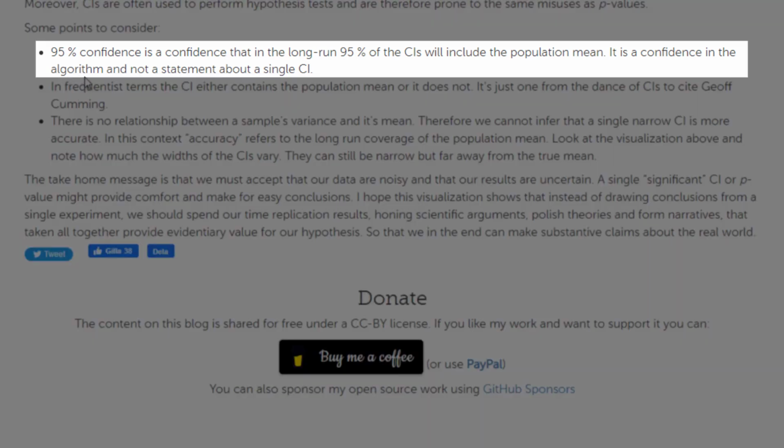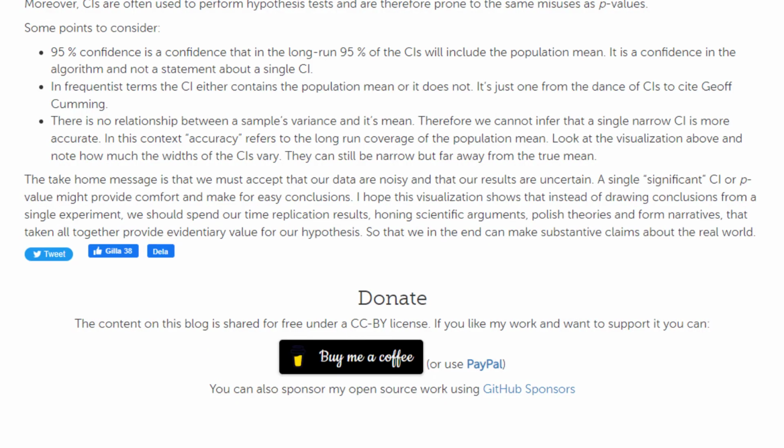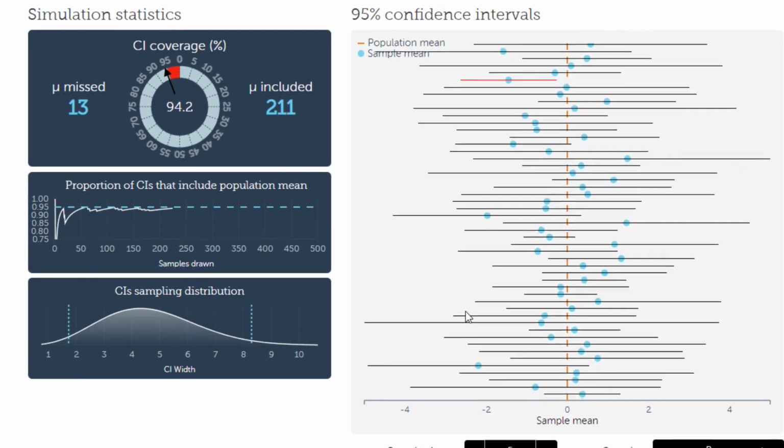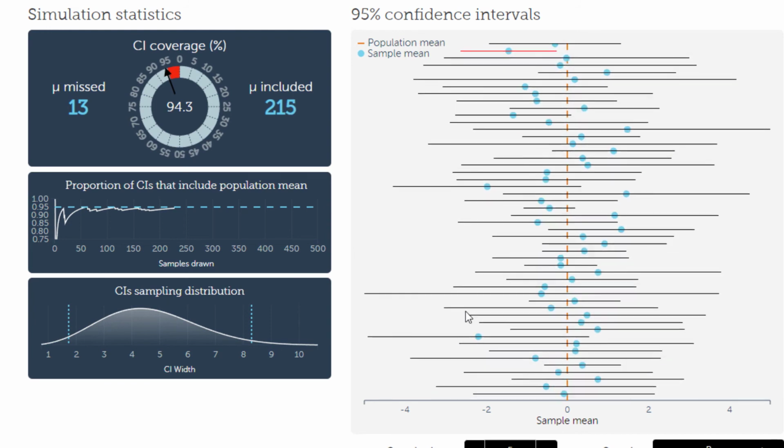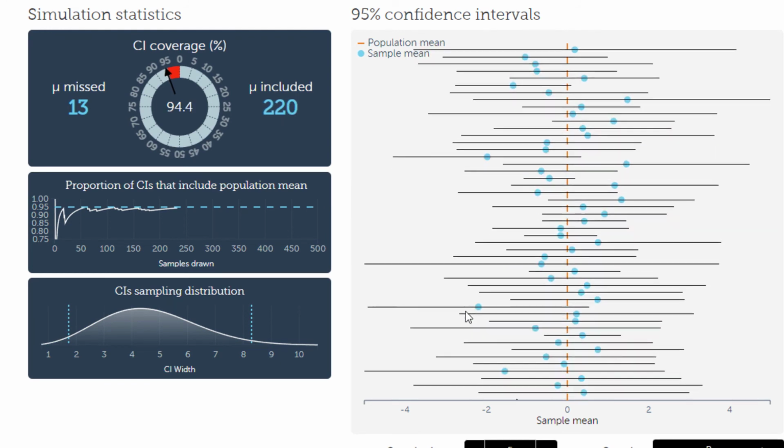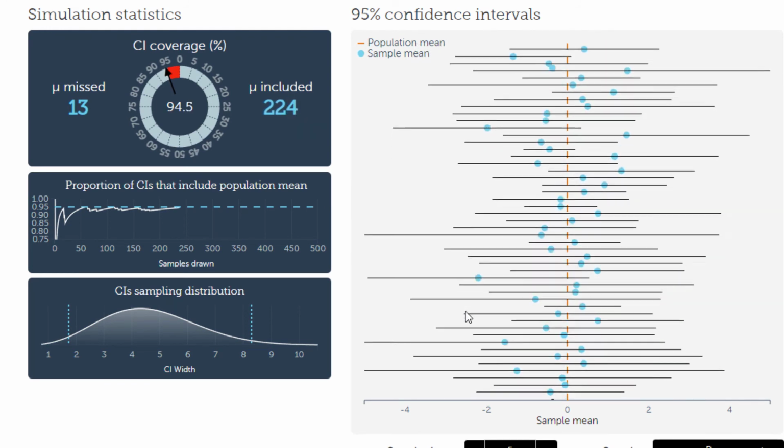95% confidence is a confidence that in the long run, 95% of the confidence intervals will include the population mean. It is a confidence in the algorithm and not a statement about a single confidence interval. So this is exactly what it's saying. If we did a bunch of studies, 95% of the studies would catch the true population mean.